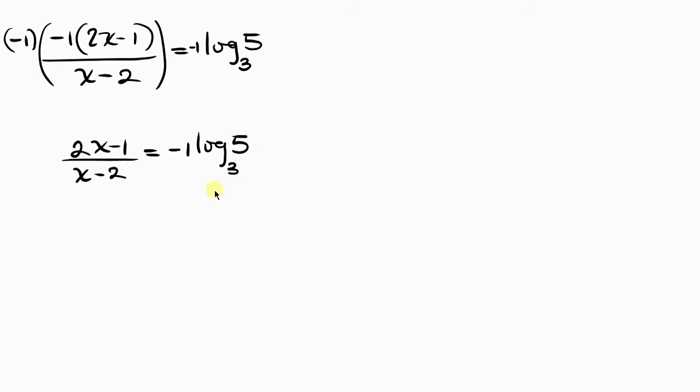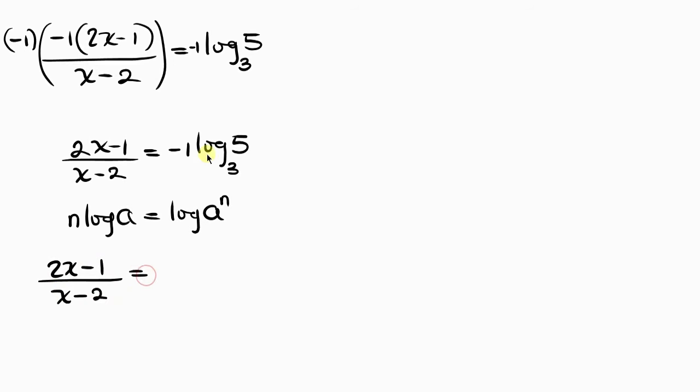Well, you can say this is your final answer, but if you are not satisfied with negative 1 here, you can go ahead and apply this law of logarithm, which says when I have n log a, this can be written as log a to the n. So let's write this in this form. So we have 2x minus 1 all over x minus 2.